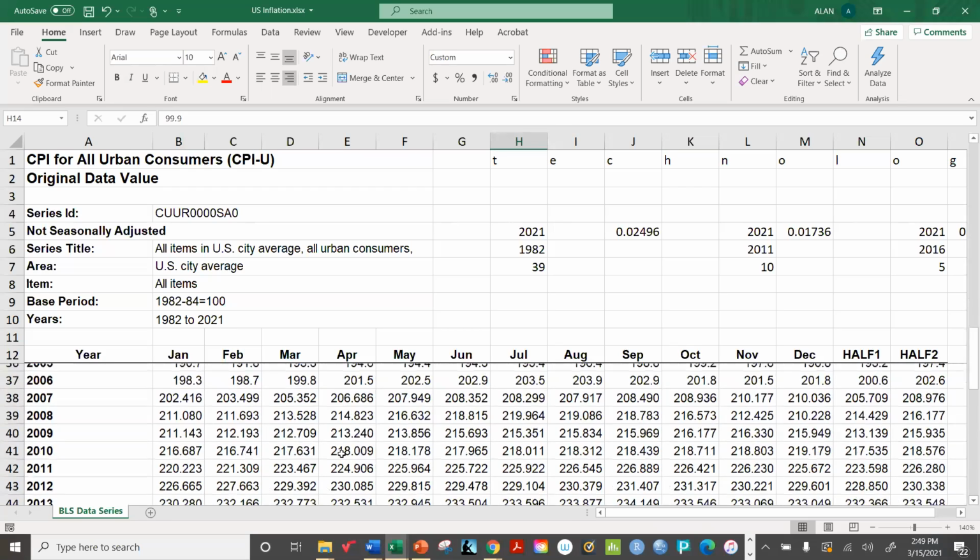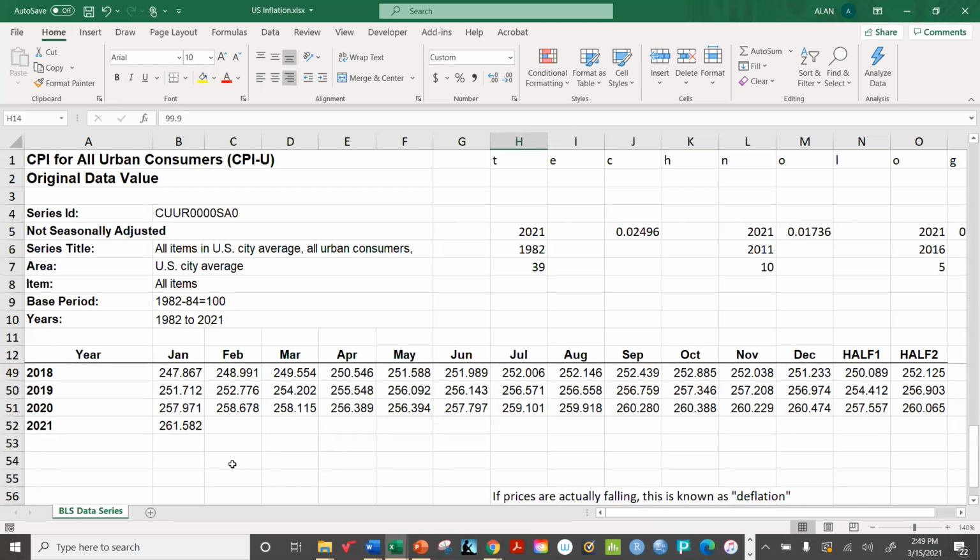For example, let me do an example right here. Let's say I wanted to know what inflation has looked like over the last 12 months. So CPI in January 2021, the CPI is 261.582. The previous January, one year earlier, it was 257.971.